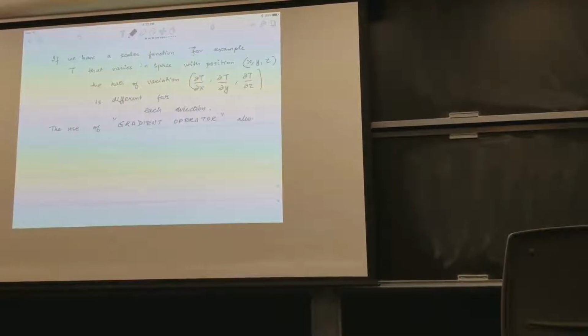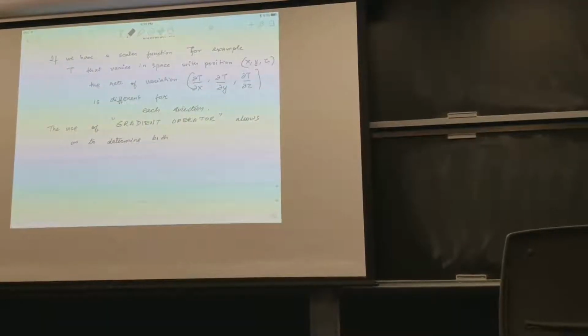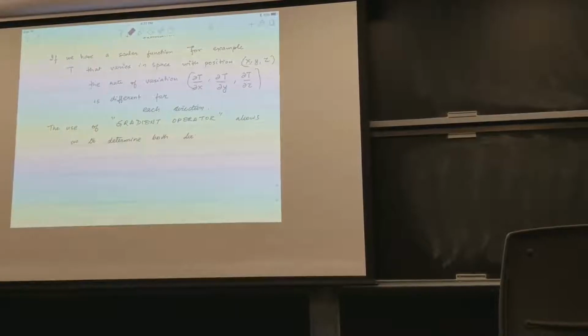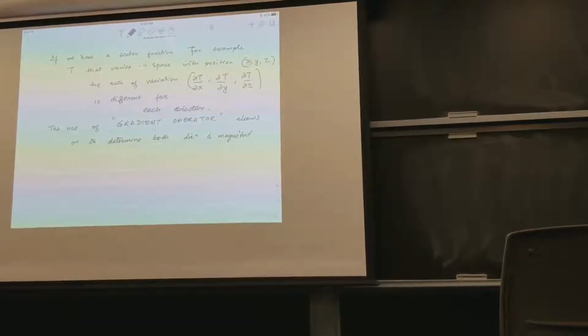It allows us to determine both direction and magnitude of flux.